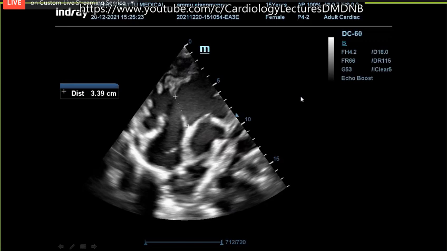This patient is having a huge VSD. So what will happen? Can the pressures be different in RV and LV? The LV pressure will represent the systemic pressure. So I don't think there is any point in giving drugs to reduce the pulmonary artery pressure.